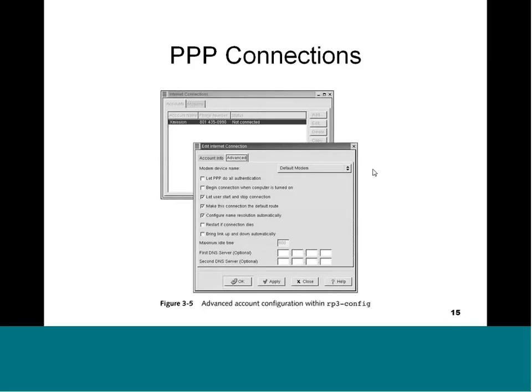The other one is make the connection the default route, which is also important so that you receive the maximum messages. Then configure the name resolution automatically, which I think is a good thing to do when you are configuring the PPP, because once you do that, it goes to a primary source, gets that information, and then it populates. And as I mentioned, the recursive population will enable the whole thing to be populated in no time.